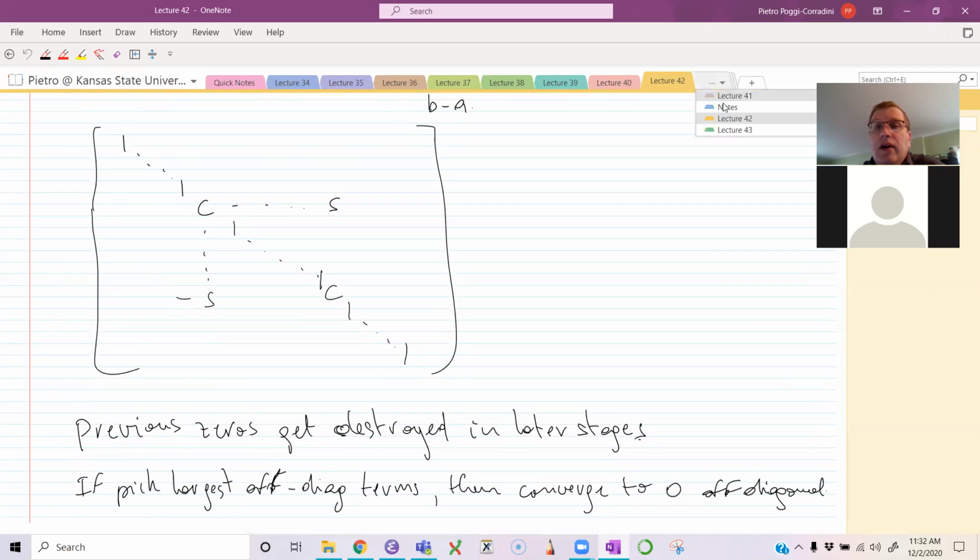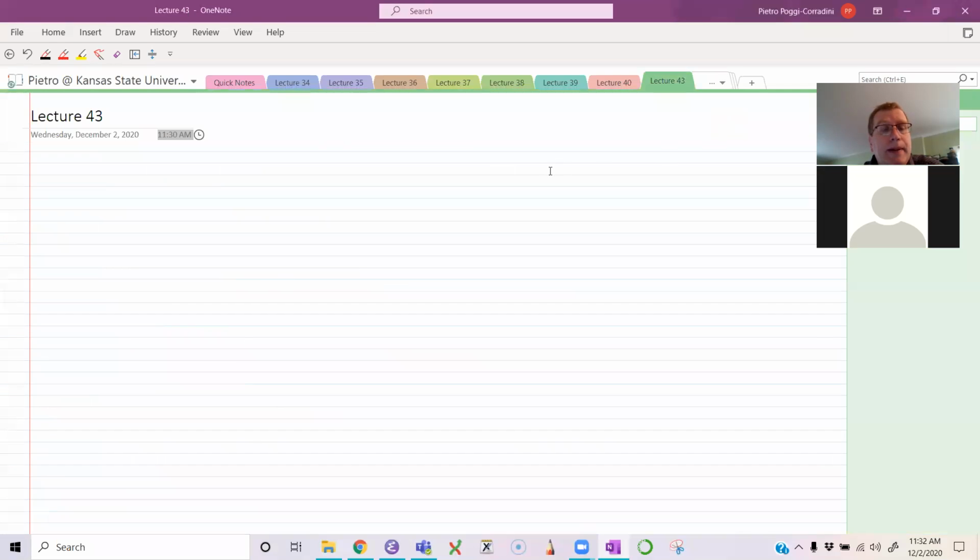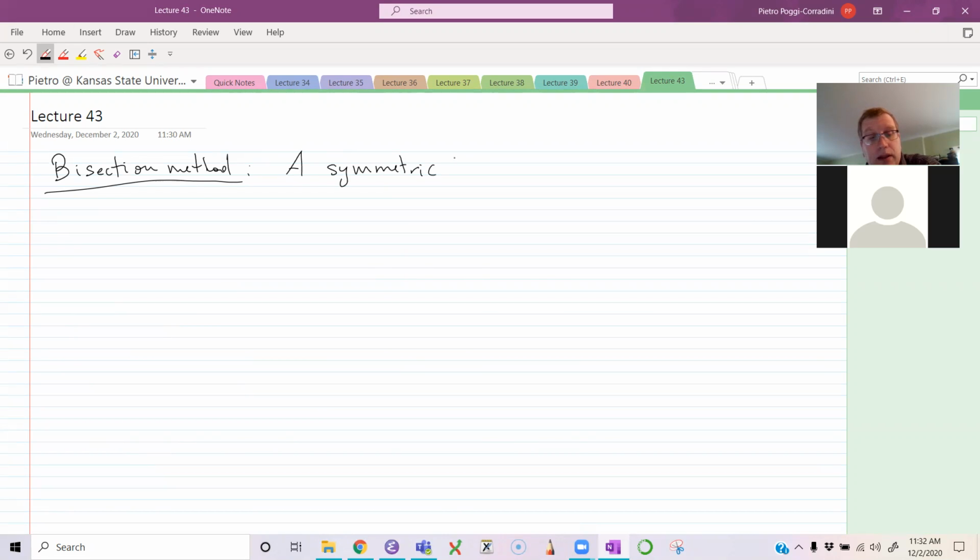What other methods are there? There's something called bisection. Okay, so let's assume again that you have a symmetric matrix, so that eigenvalues are real.